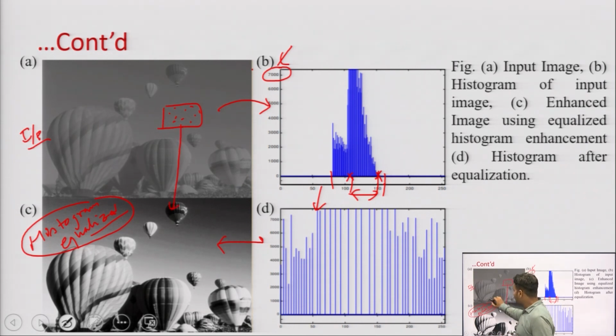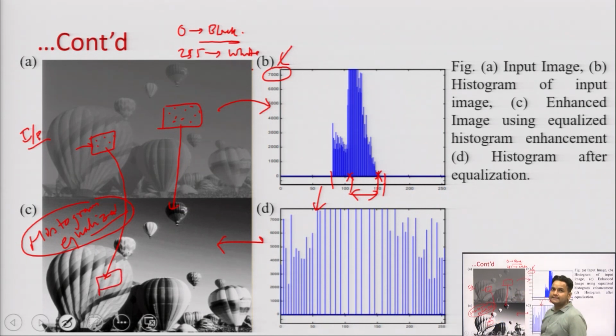Now, here you may observe that the pixel looks like a higher value. If the 0 value belongs to black and 255 is white, then the neighborhood pixels you see here look like a white portion. So, after the equalization it will generate the enhanced image, that is the white portion of this histogram.